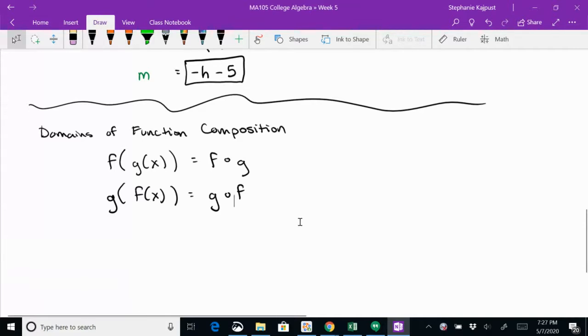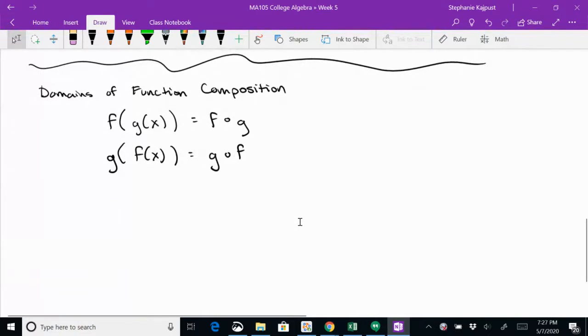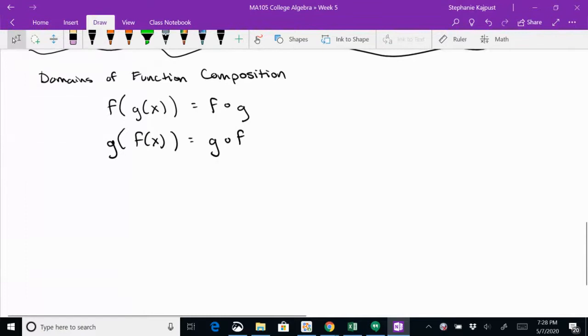So the book basically has a picture where they're kind of explaining the domain of f and g and how this all works out. So let me try to draw their picture. Let's look at f compose g. We're plugging g into x.